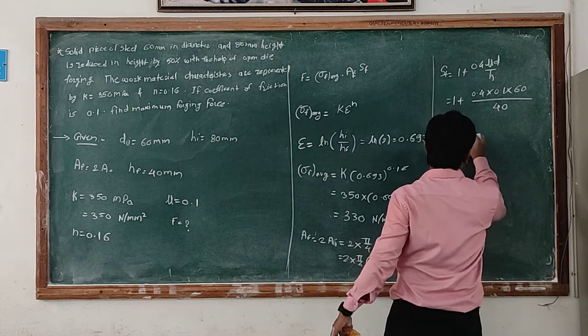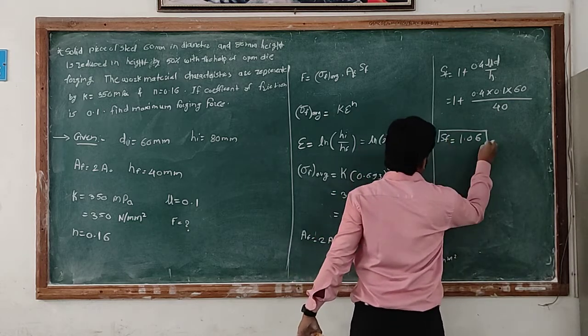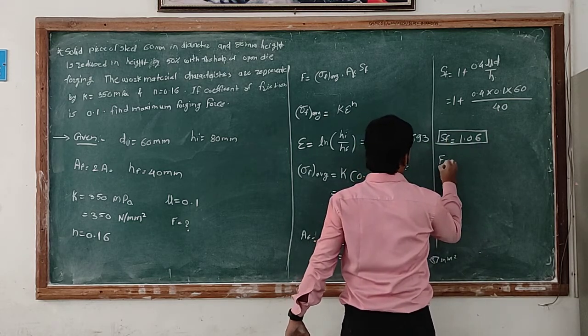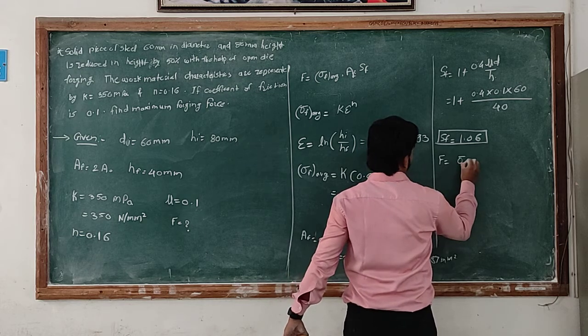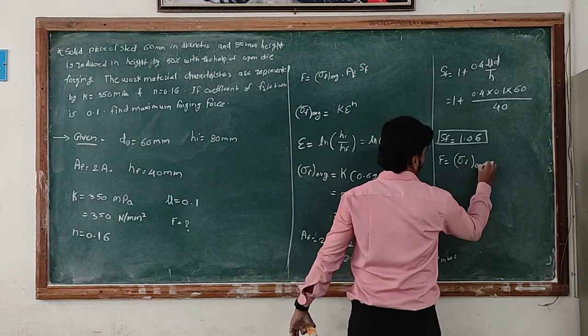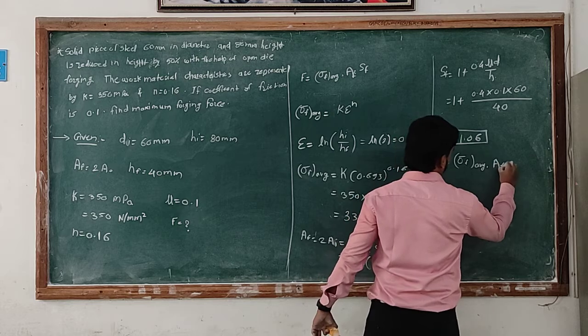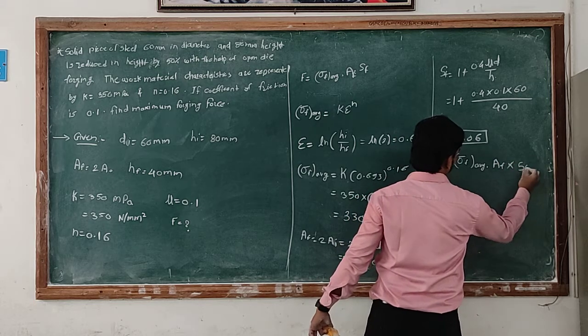Now F is equal to sigma F average into A final into SF.